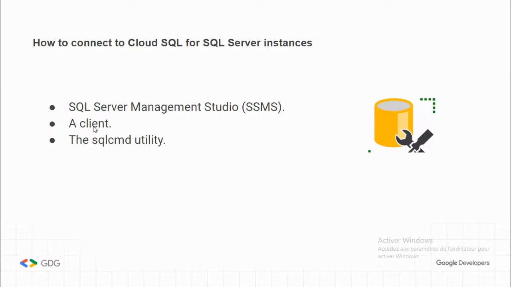You must have determined how you will connect to your instance and then install the SQL Server command line tools. And at the end, to use the local client to connect to your Cloud SQL instance, you have three steps. Install the client, configure access to your Cloud SQL instance, and then you are connected to your Cloud SQL instance.